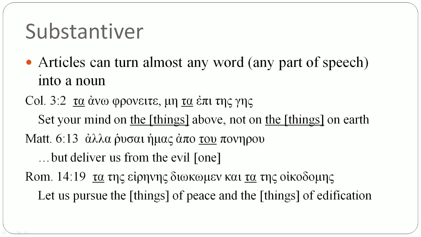And you get that out of the form of it. If neuter plural, it's things. If it's masculine plural, it can be men or the ones. Feminine singular, right? The woman. So you get that out of that article. What is the gender and the number, and then you can decide what kind of a substantive to put in there.